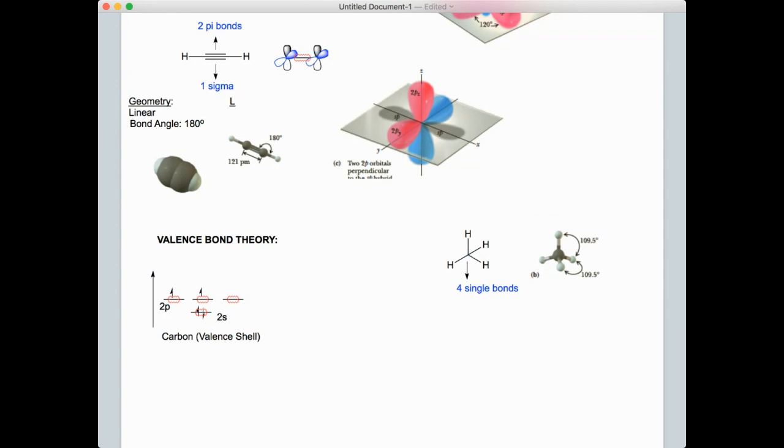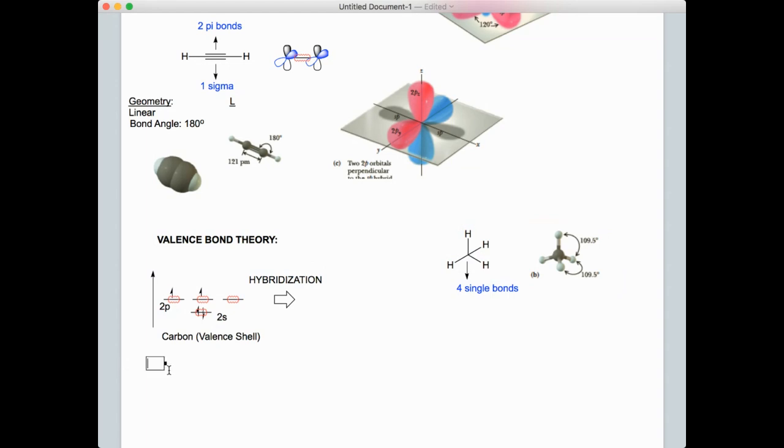So we're going to call this process hybridization. What exactly do I mean by that? Before the carbon atom bonds to each of these hydrogens, the atomic orbitals of carbon will be hybridized.